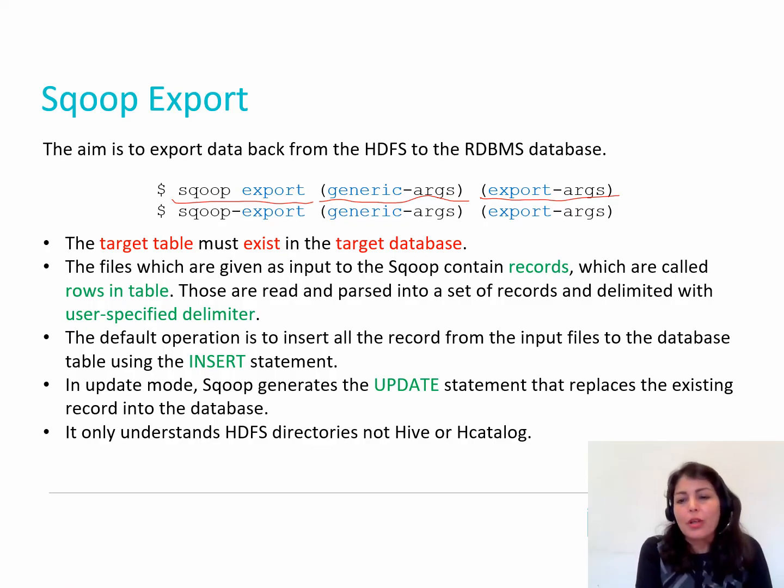But if it's not a new record and it's just updating an existing record, Sqoop export uses an update statement. Instead of adding a new row to the table, it just replaces the existing record in the database. So this is how Sqoop export works.